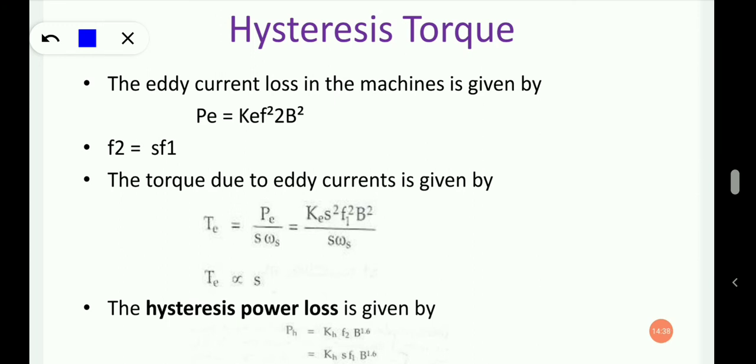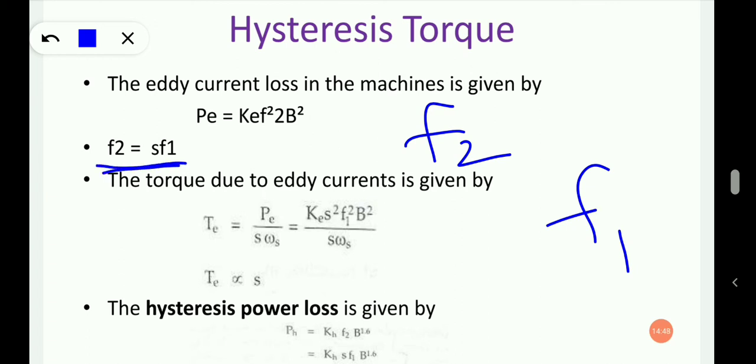We know the relation between rotor frequency, that is F2, and supply frequency, that is F1, and it is given by F2 equals S into F1, where S is the slip of the motor.